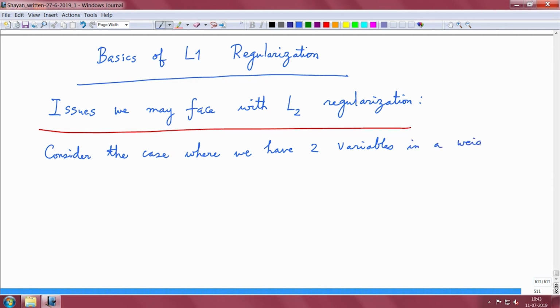Okay. We have a weight vector with many variables, and we consider two variables and let them be W1 and W2, right. And what we want here is a scenario where W1 and W2 are highly correlated, right.